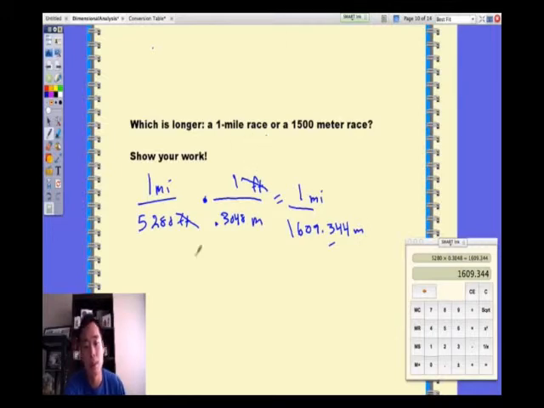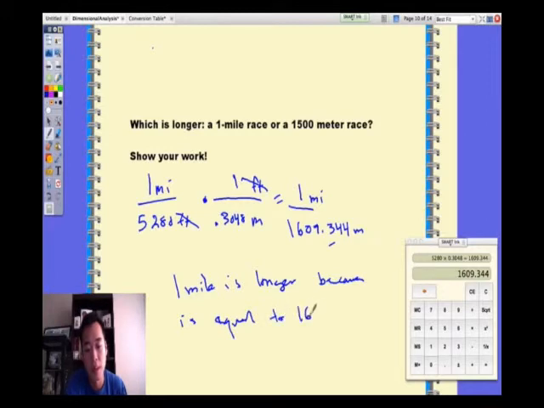So which one is greater then? Well, 1 mile is longer because it is equal to 1,609.344 meters. So that's dimensional analysis.